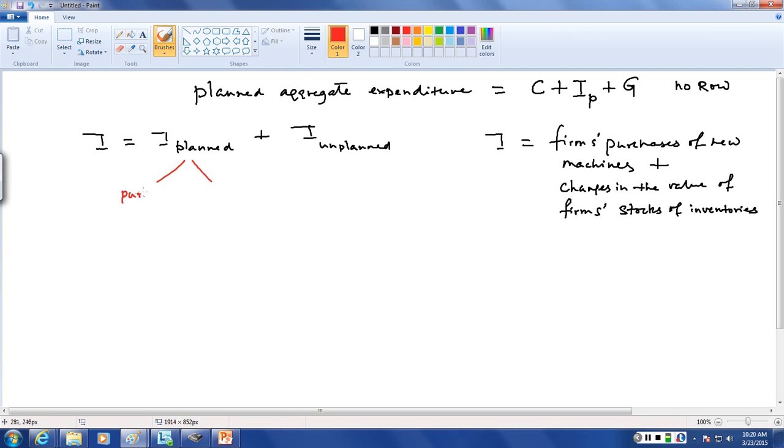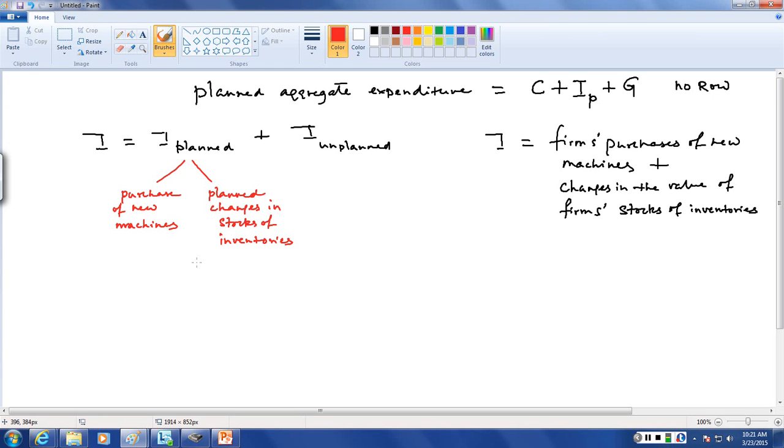Purchase of new machines, because that can't be unplanned. That is always something that is deliberate and planned. So there's nothing unplanned about purchase of new machines. But we would also add to this planned changes in firms' stocks of inventories.